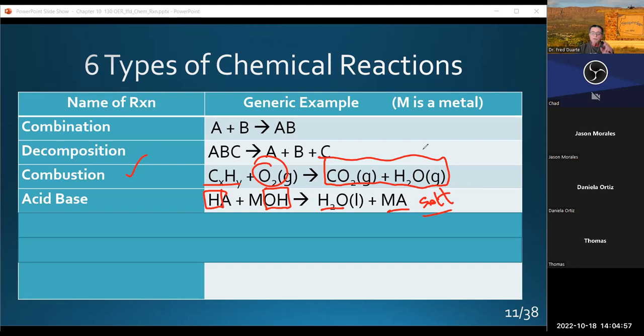How we balance those, we have a systematic approach, and when we get to those, we'll talk about how to balance the combustion reaction. For combination and decomposition reactions, it's more like trial and error. For combustion reactions, we have a step-wise approach. For acid-base reactions, follow the protons and the hydroxide.